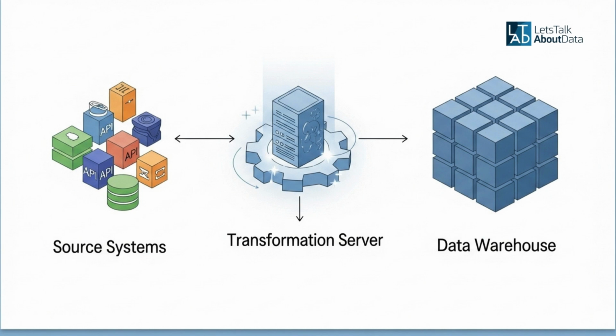This sequence made sense back then. Legacy data warehouses weren't built for storing large volumes of raw data or performing heavy-duty transformations. They were role-based, limited in scalability, and optimized for transactional systems, not analytics. So, transforming data beforehand was simply a technical necessity.